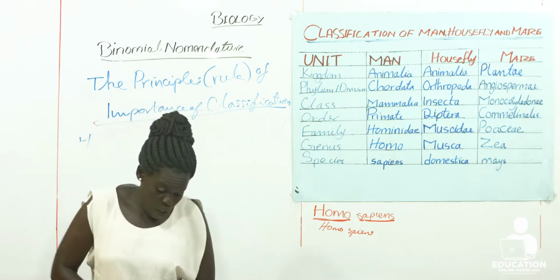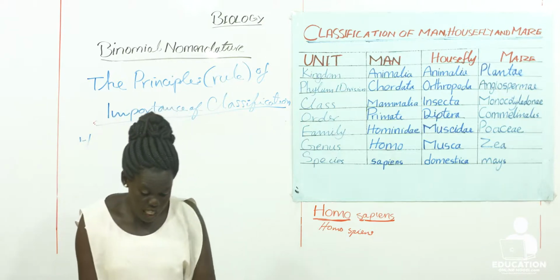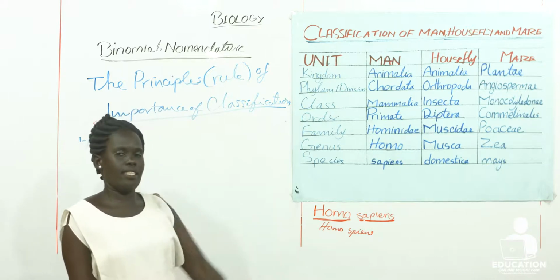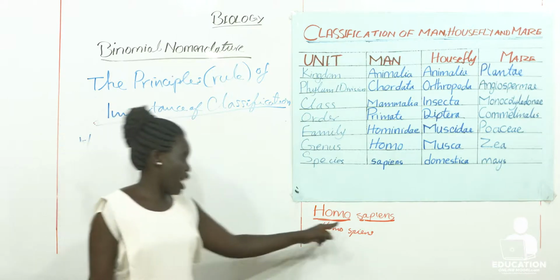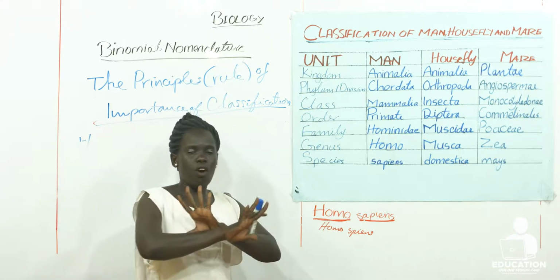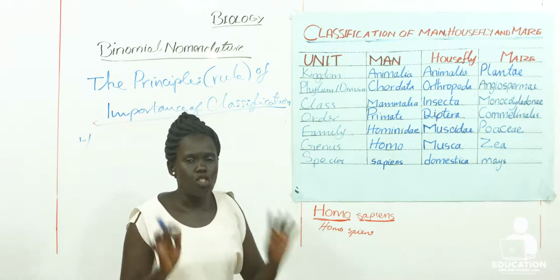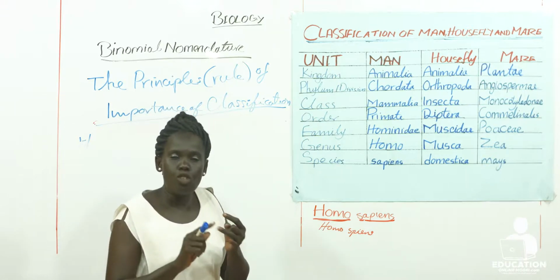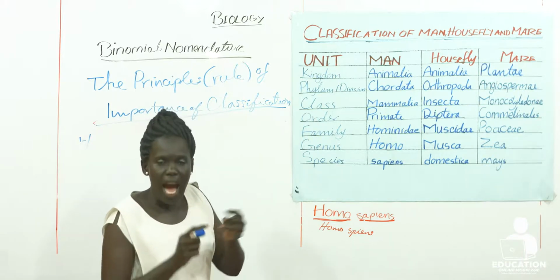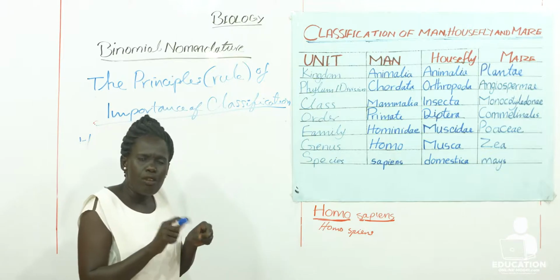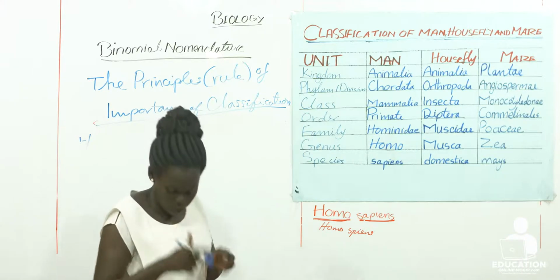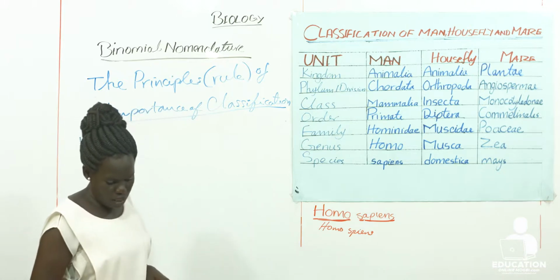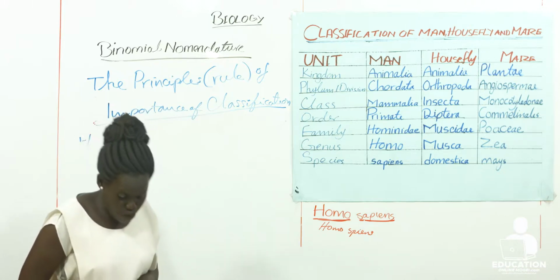Classification is very important because it provides organisms with names that have the same meaning to biologists all over the world. As I said, this scientific name is known by all the biologists all over the world. Number 2, it helps in identifying living organisms into their correct groups for reference.